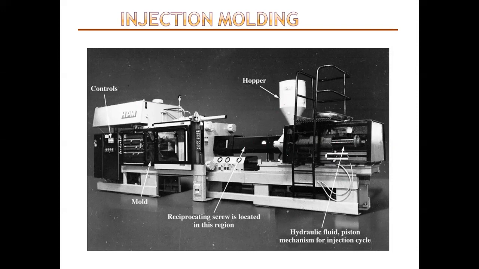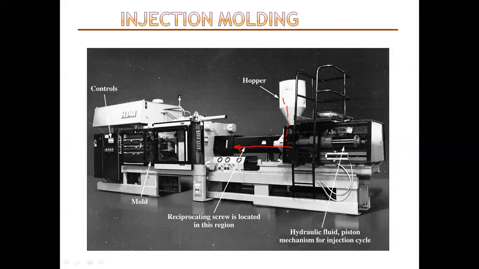So the plastic granules are fitted in the hopper, and due to this mechanism they are pushed in this direction. Here you can see the rotary screw, which pushes the material in this direction.